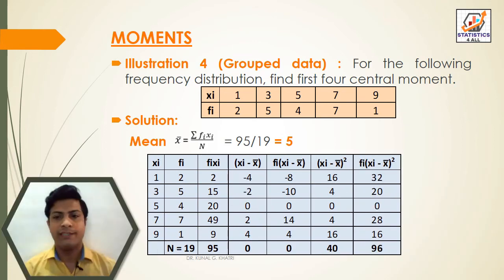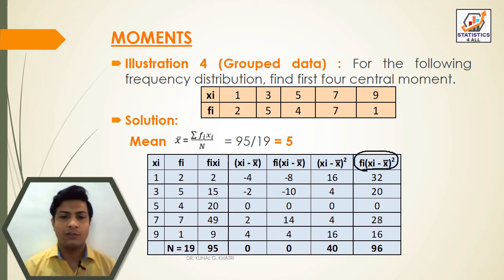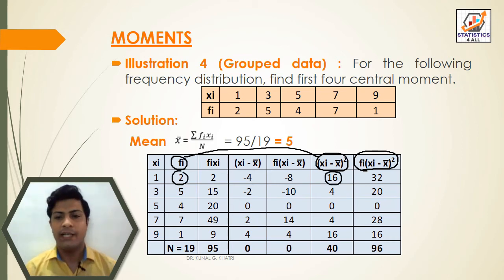So after finding this value, we multiply xi minus x bar whole square into fi. Here, fi into xi minus x bar whole square. This value is multiplied by here. So 2 into 16, we have 32. After that, 5 into 4, that is equal to 20.